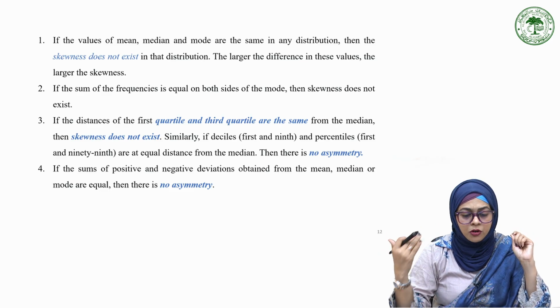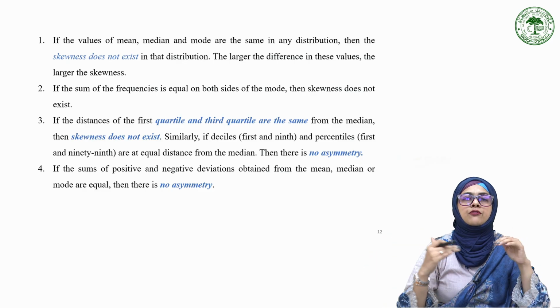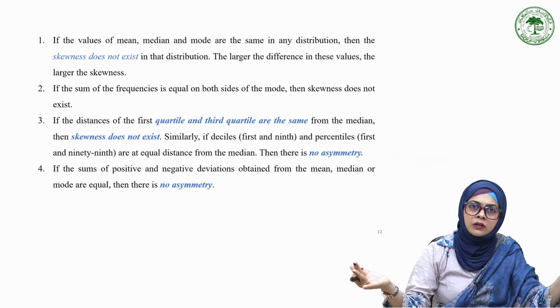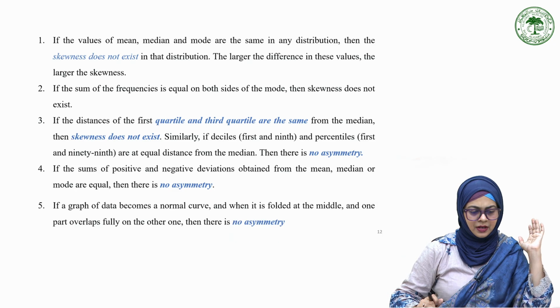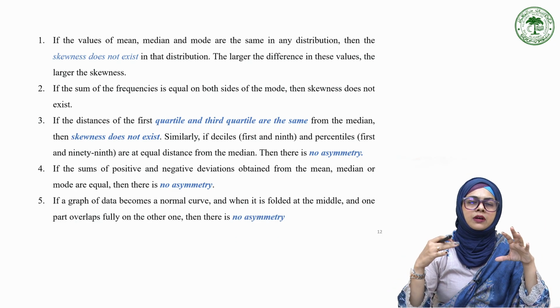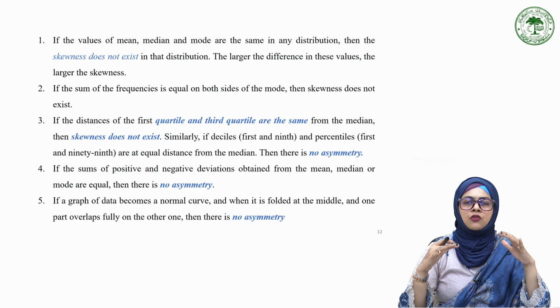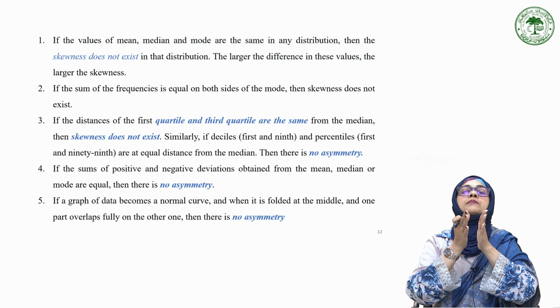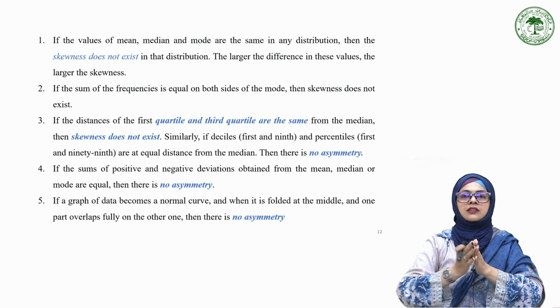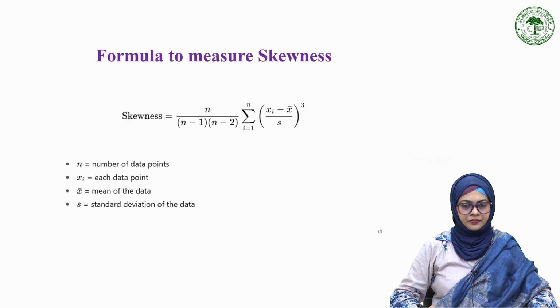Now, if the sums of positive and negative deviations obtained from the mean, median or mode are equal, there is no asymmetry. Then if the graph of data becomes a normal curve, and if it is folded in the middle, it overlaps, which again shows that there is no asymmetry.